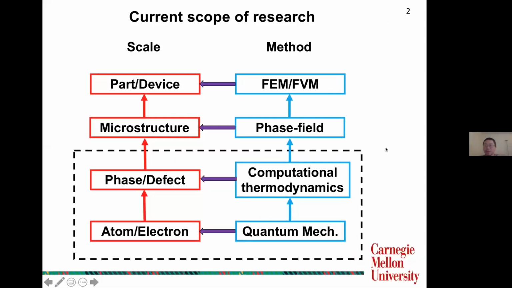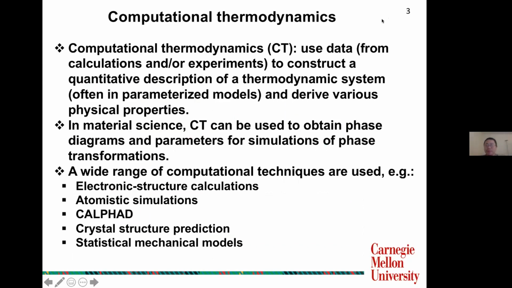So I will briefly talk about what is my research scope. As you know, material science has many scales, and each scale has a corresponding method to study it. My major focus is on the underlying two levels, which are phase, defects, and atom, electron. Actually, I'm more focused on computational thermodynamics. So I will briefly talk about what computational thermodynamics is.